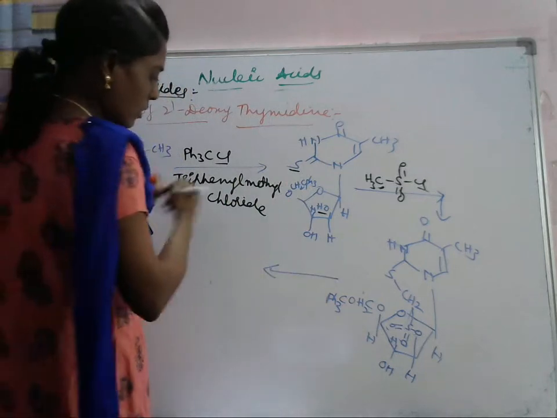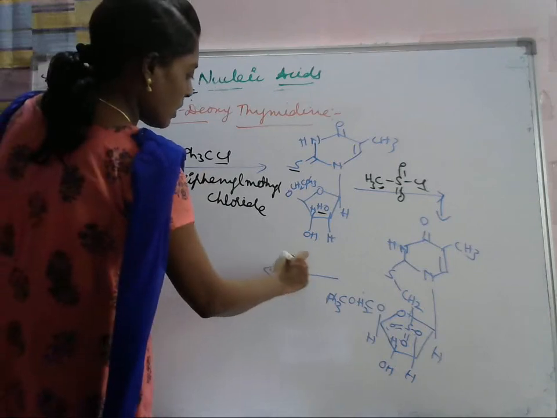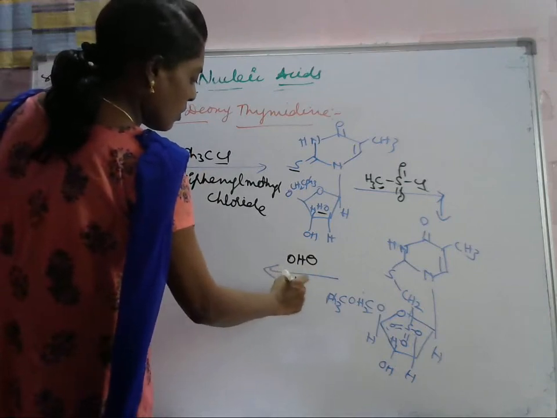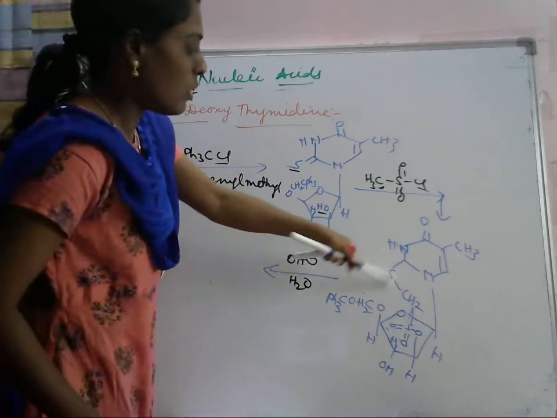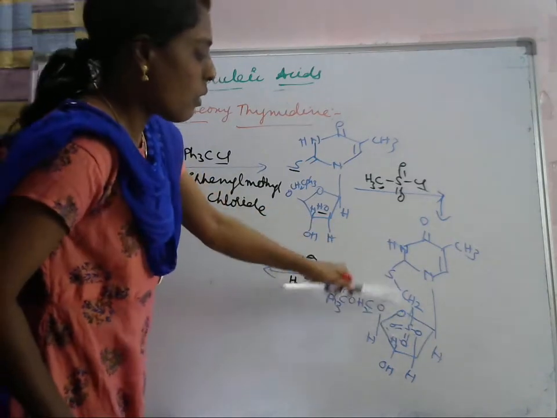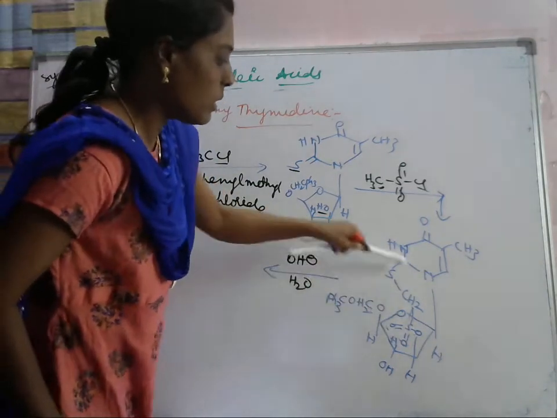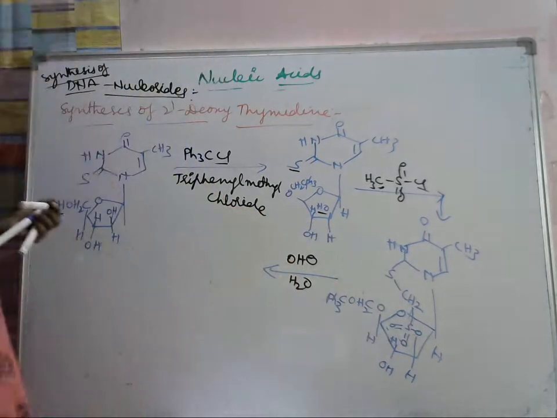base hydrolysis, OH minus along with H2O. So what will happen? This will be converted into double bond O, and this will be removed, and only it is converted into SH.